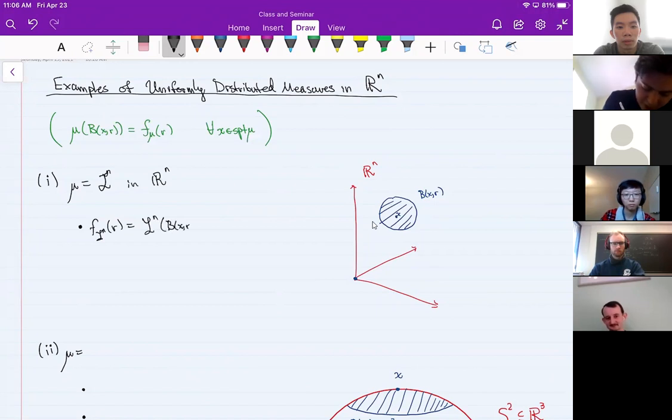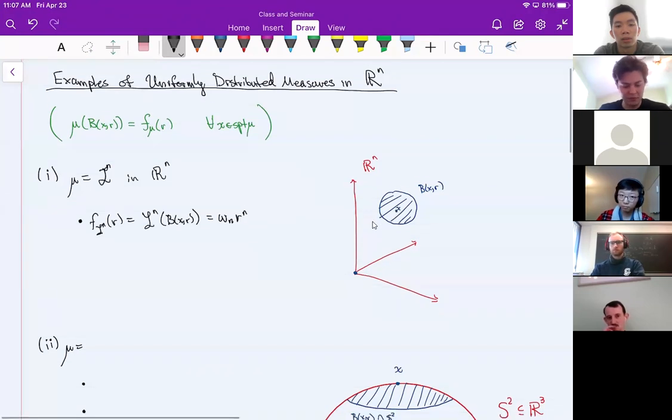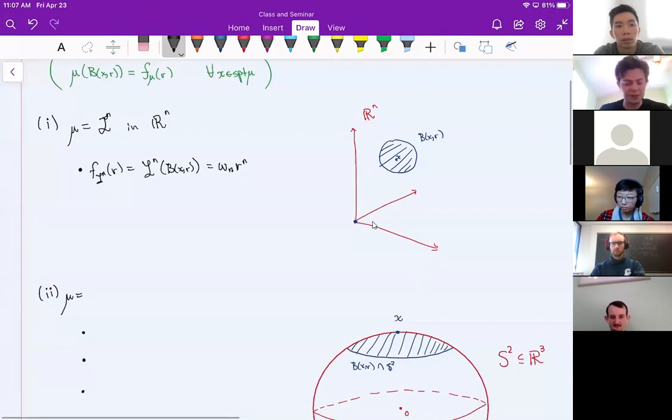The Lebesgue measure of a ball of radius r is what I'll write as omega_n times r^n, where omega_n is a dimensional constant. So this distribution function is proportional to r^n. That's pretty simple.